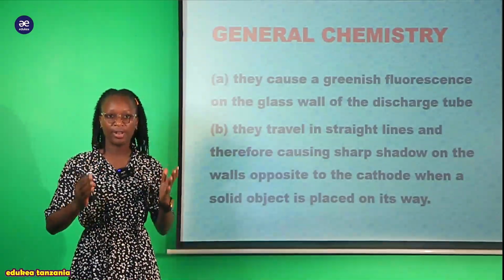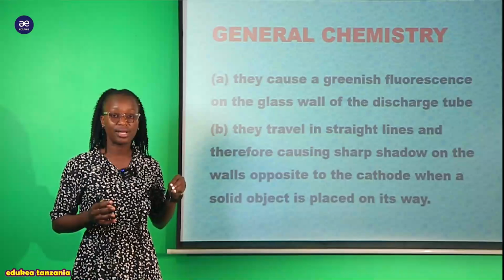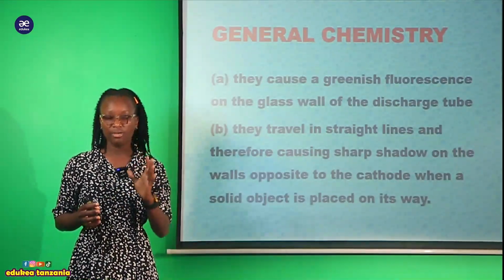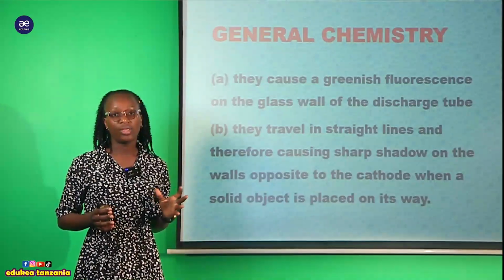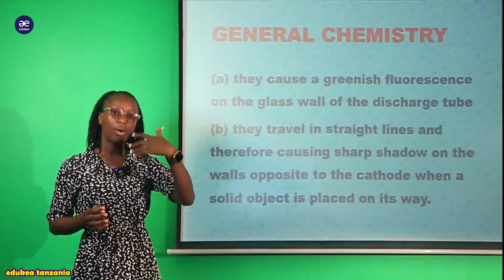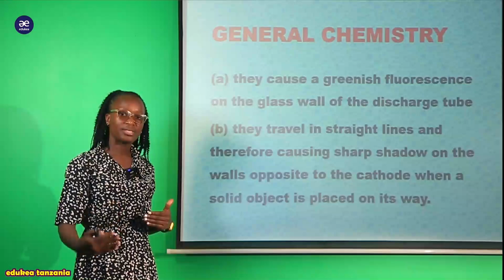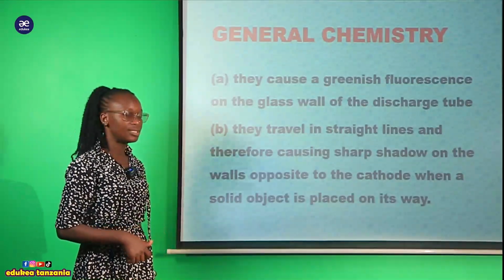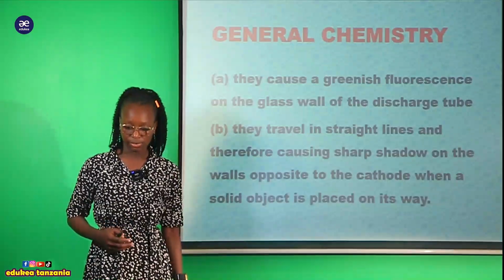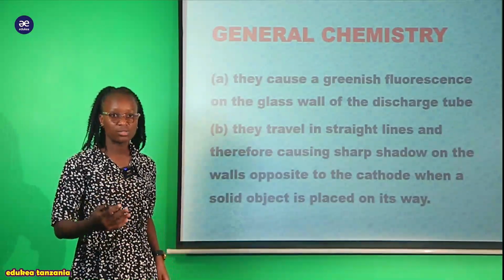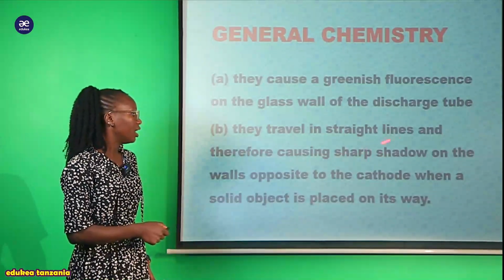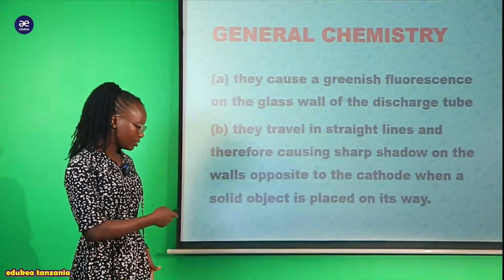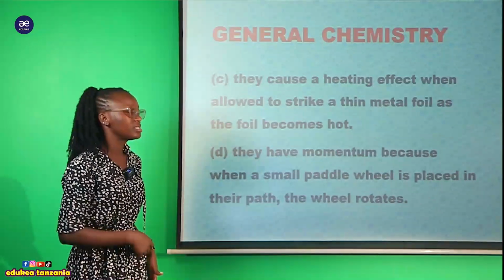Sharp shadow ni kama kakivuli fulani hivi, kwamba it means that these rays zinaenda chini zina kiss pale, afu unaona kama kuna shadow fulani inaonekana kwenye ile wall ambapo opposite au nyuma yake kuna placed object. Placed object, it can be a metallic object, lazima iwe ni solid. Kwa hiyo utaona kwamba kuna uakisi unatokea ndani, kuna hii shadow fulani inaonekana kama kivuli fulani. So that is another property of this cathode ray.